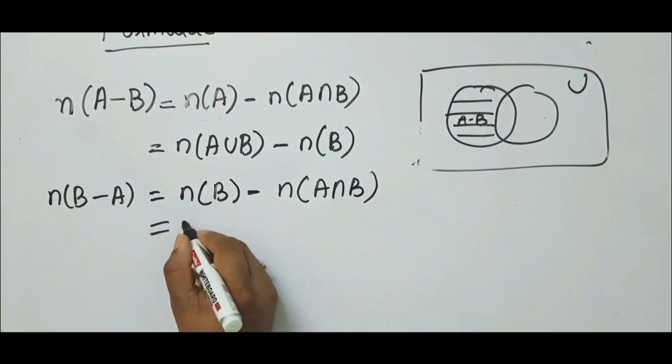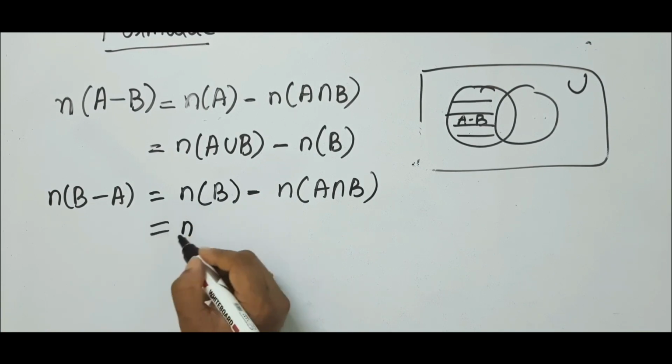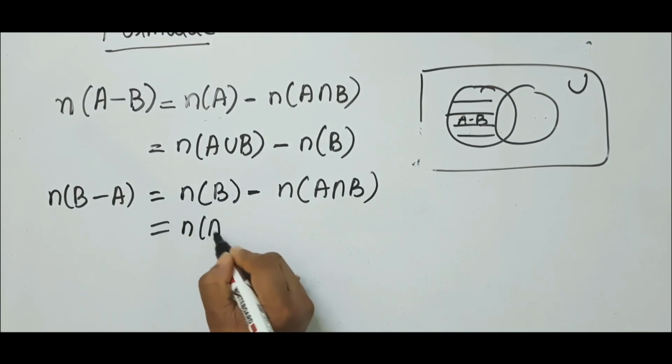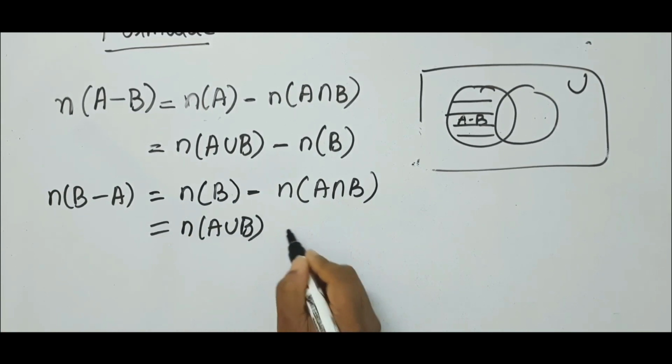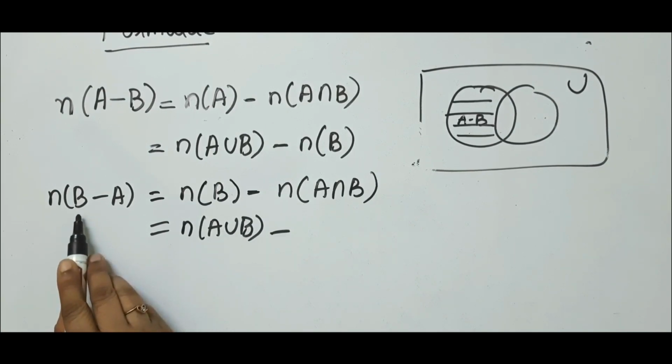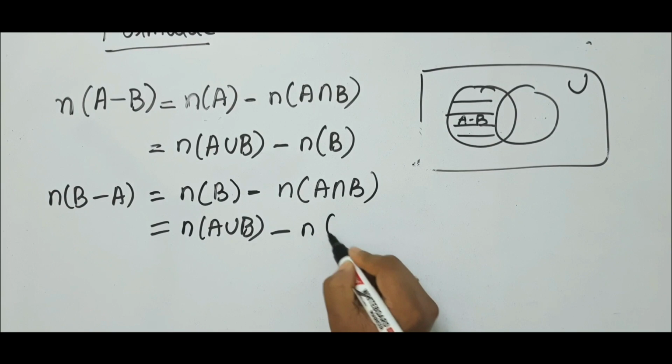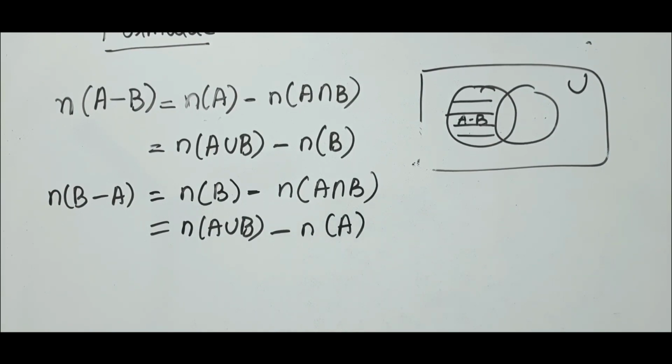So the same formula can be written as the number of elements of A union B minus, as we are calculating the elements which are in set B, the number of elements of A. Okay, is it clear? So when they give the number of elements of A and the number of elements of A intersection B, usually they will give the number of elements in those sets.